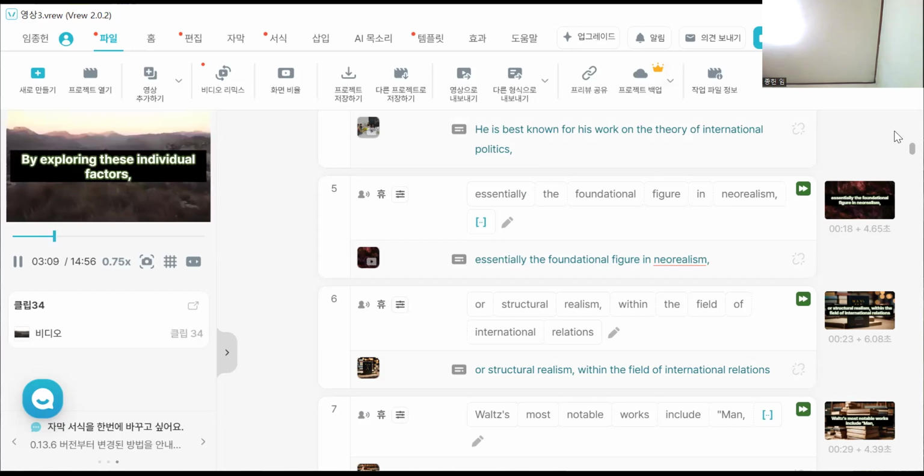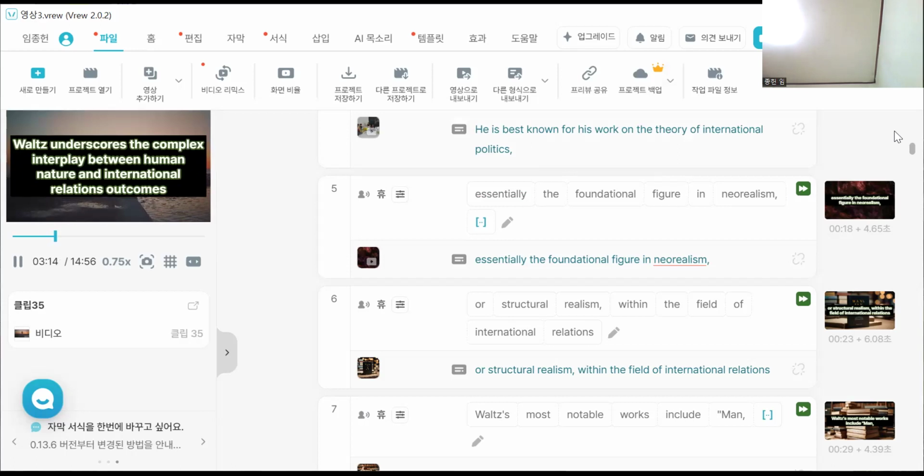By exploring these individual factors, Waltz underscores the complex interplay between human nature and international relations outcomes.